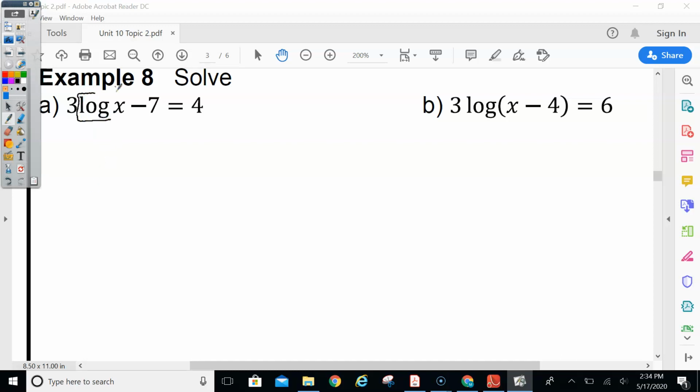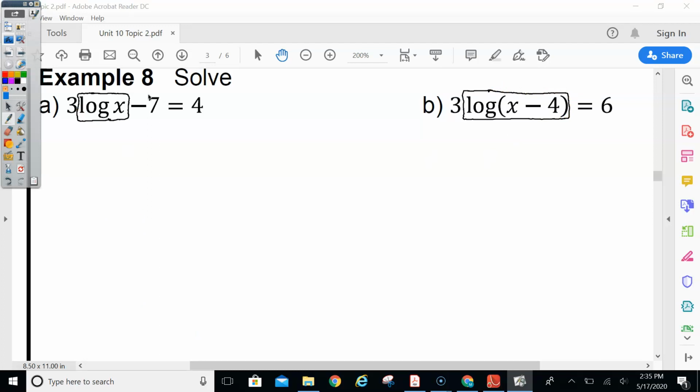What's the argument? So this minus 7, since it's not in parentheses, it's not part of the log. So the log actually just ends right here. If it had parentheses, then it would be inside. Like this one has parentheses, so that one is part of the log. But this one is not.